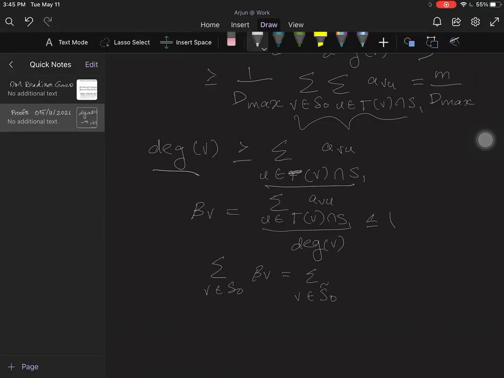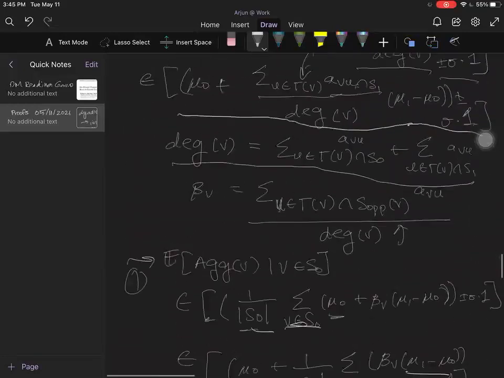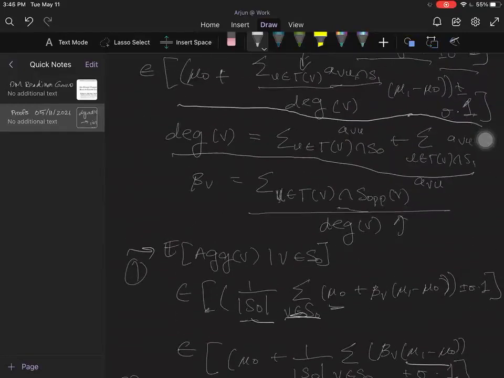We can say that these two are equal because beta v requires that there's this intersection with the opposite sensitive group.